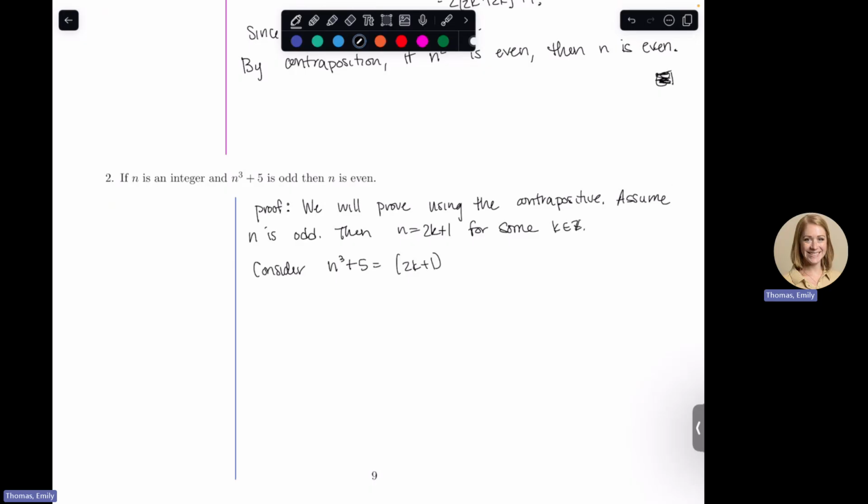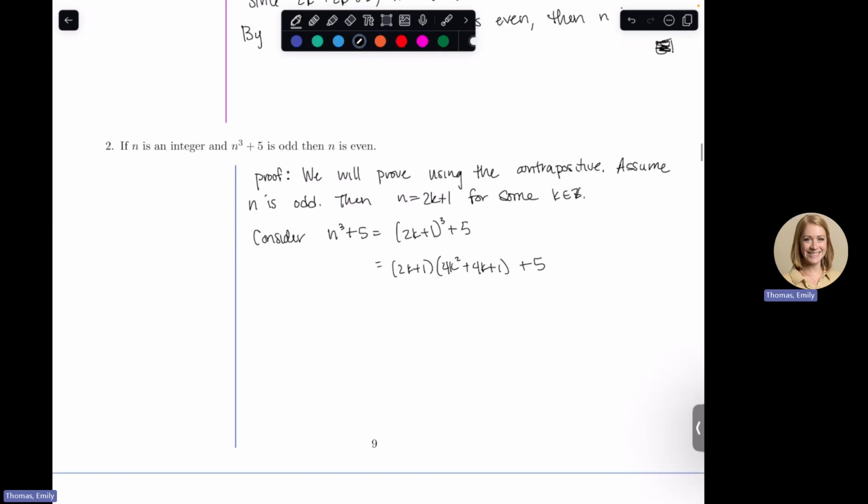I should be able to do this well. That's 2k plus 1 times 4k squared plus 4k plus 1. There's a trick, but I don't remember the method, so we're just going to have to do this by hand, and that's okay. That's 8k cubed first, and then plus 8k squared plus 2k plus 4k squared plus 4k plus 1 plus 5.